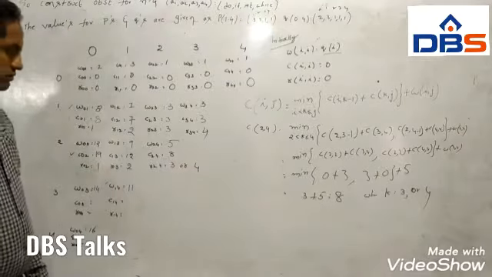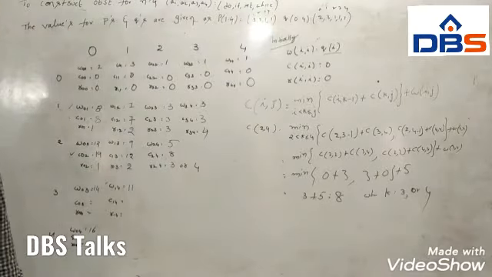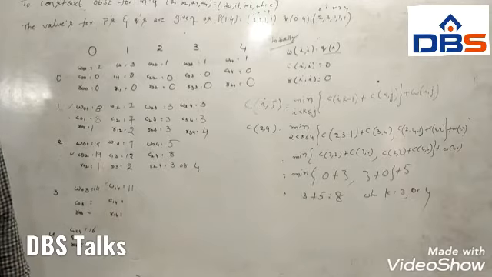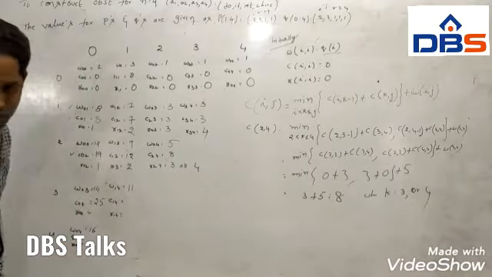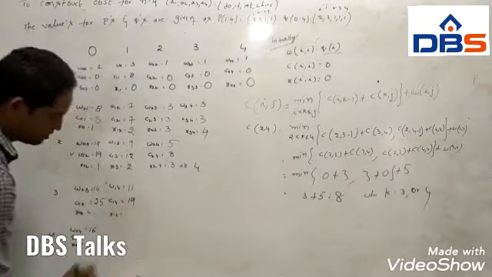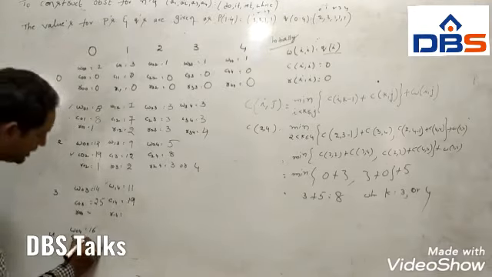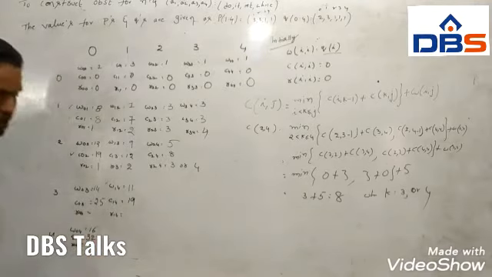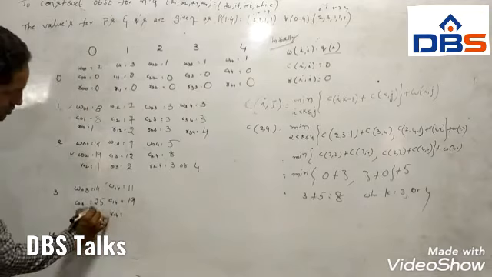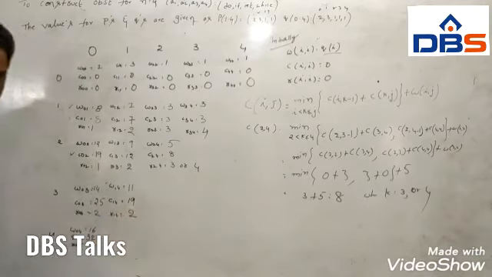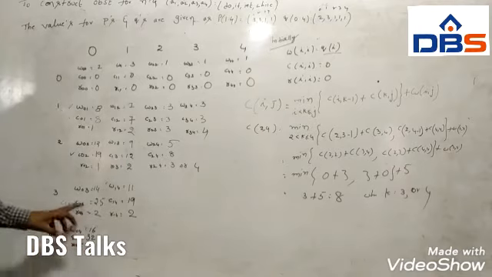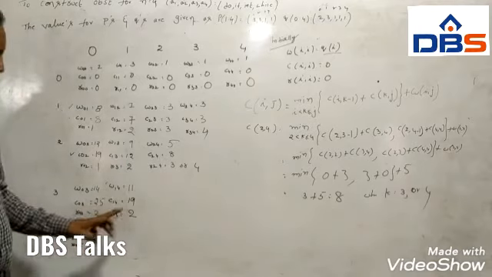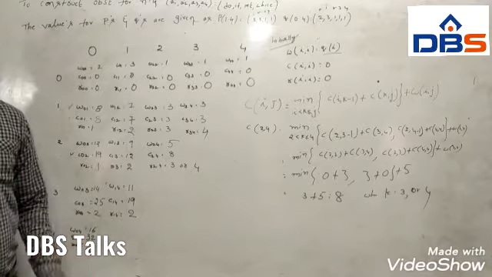Okay. Likewise, we construct C03, C14 and C04. Okay, it is 25, 19, then C04 equal to 32. When R03 equal to 2, R04 equal to 2.